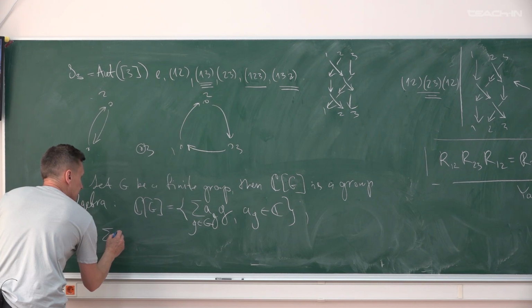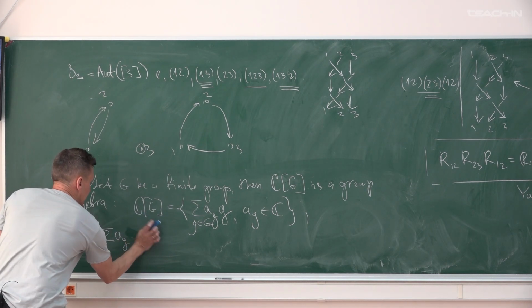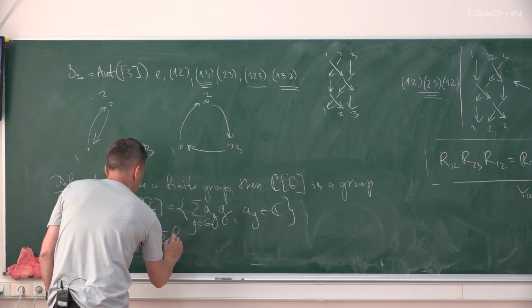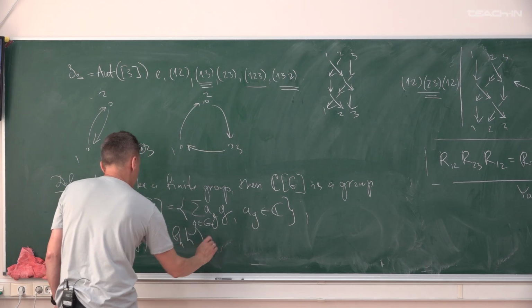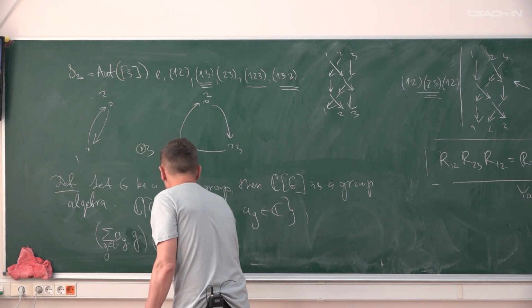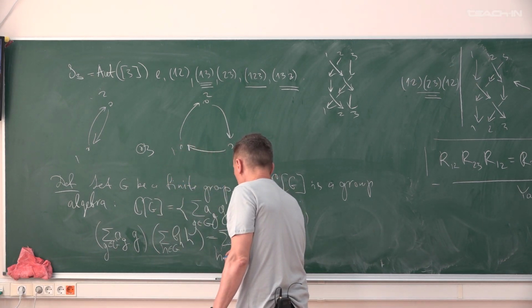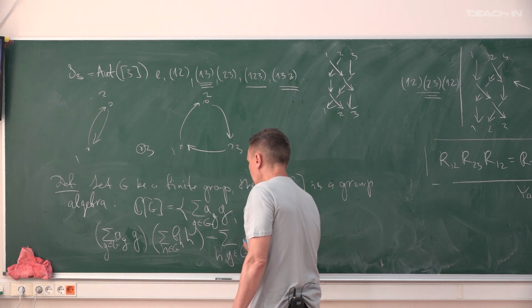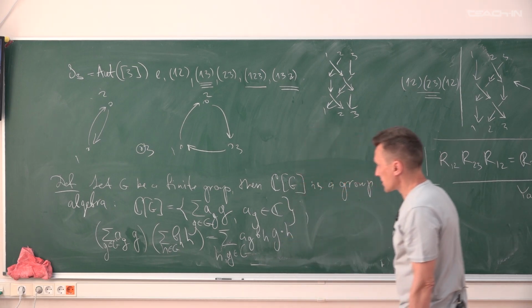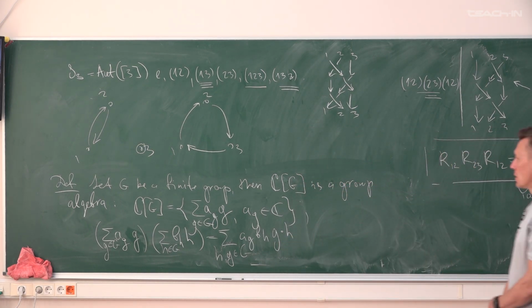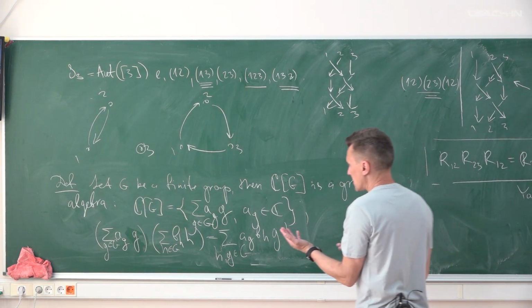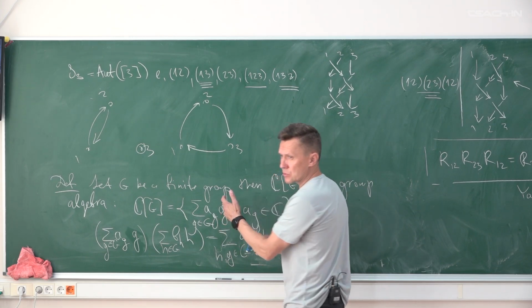And multiplication of a_g. So you see, G is a finite group, so we consider just the linear space, the vector space, with generators which are elements of the group.